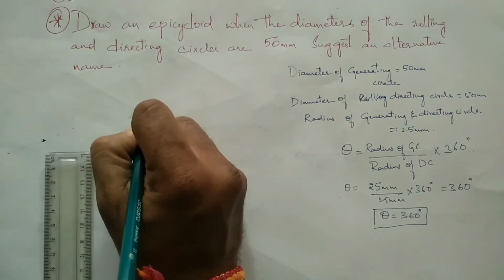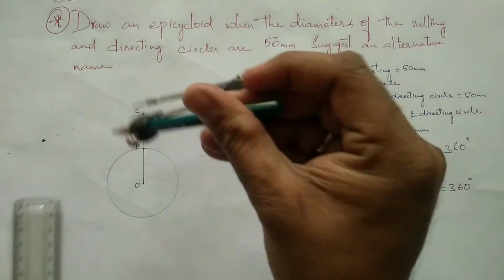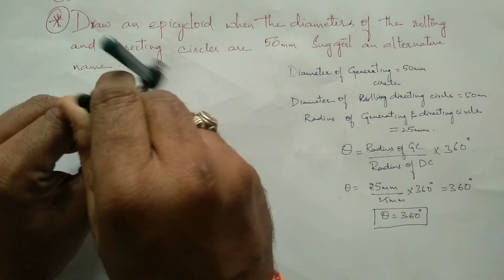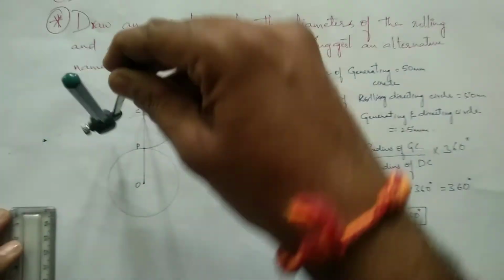Where it touches the arc, mark that point as C. Now with CP length, C as a center, draw another circle.